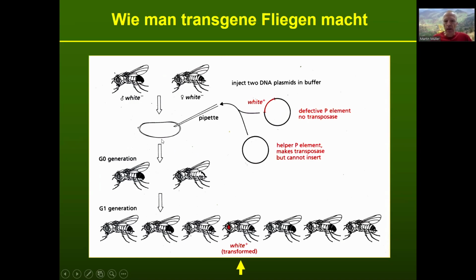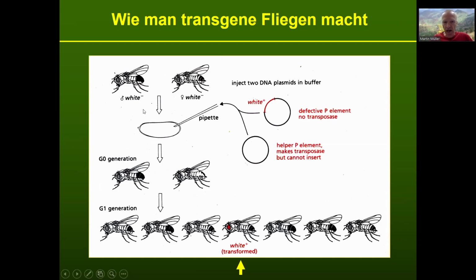We let these embryos develop to adults, here, G0 generation, and we cannot identify yet whether the P element has inserted or not, because white is a cell autonomous gene, meaning that it can only affect the cell in which it is present.